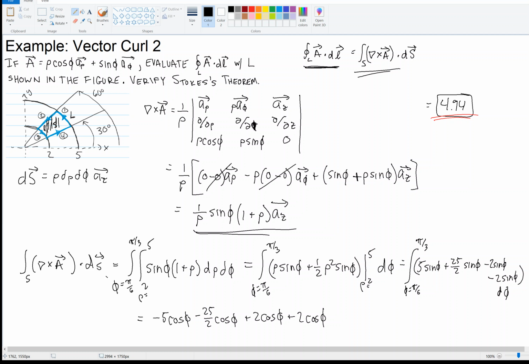All right, and we're going to plug in pi over 6 and pi over 3. Okay, so when we do that, remember that the cosine of pi over 3 is 1/2, and the cosine of pi over 6 is square root of 3 over 2. So when we do that, we get 4.94, and that is the answer, and therefore we have verified Stokes' theorem.